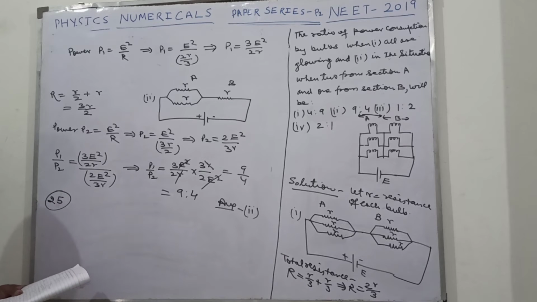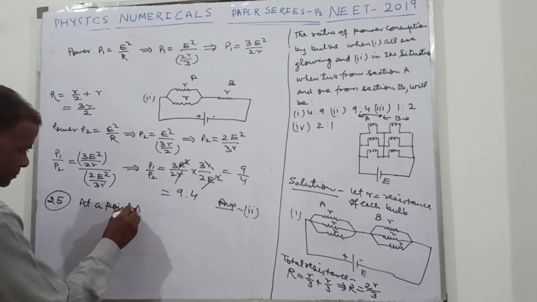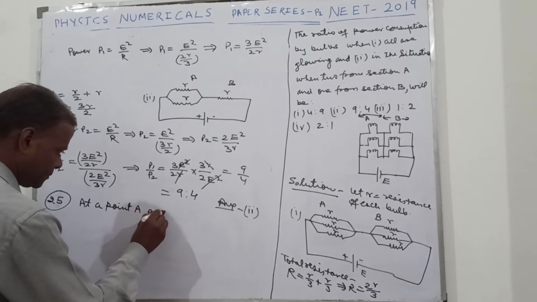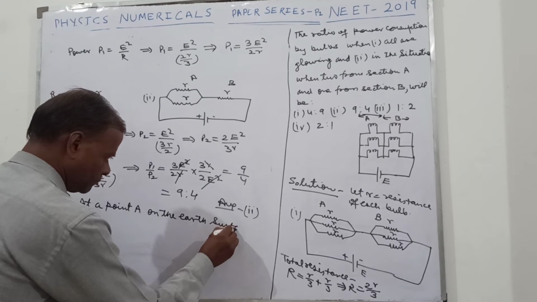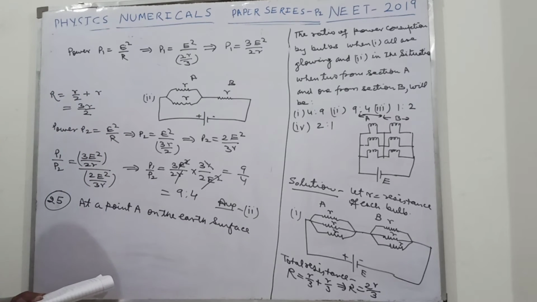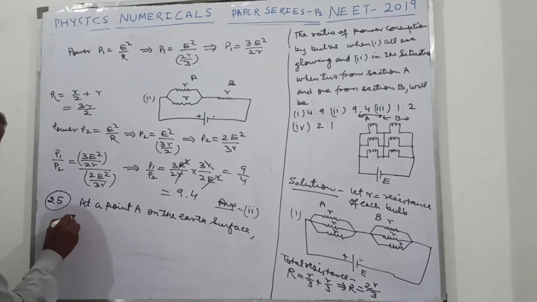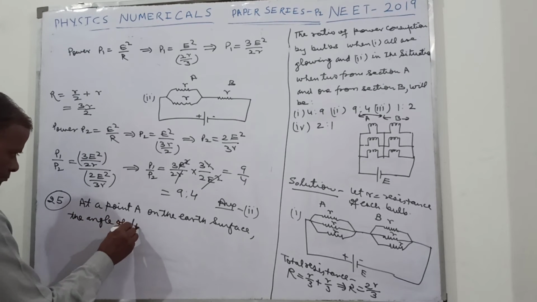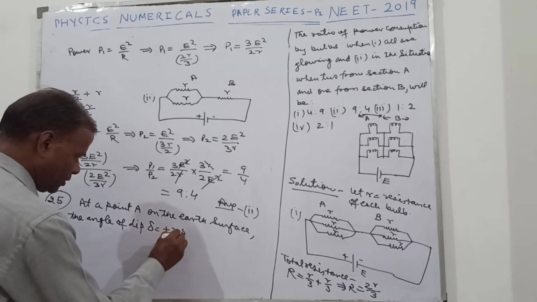Question number 25. At a point A, on the Earth's surface, the angle of dip delta equal to plus 25 degree.